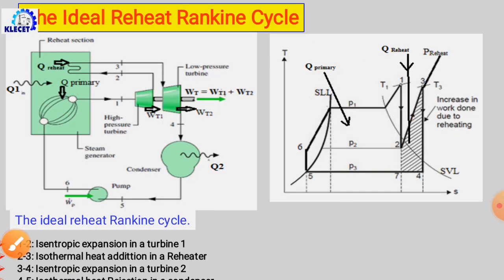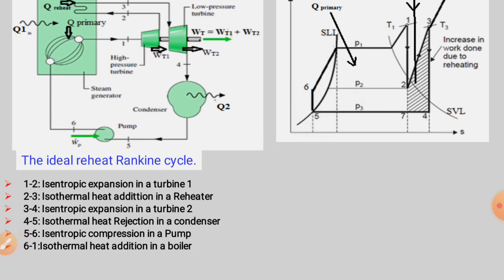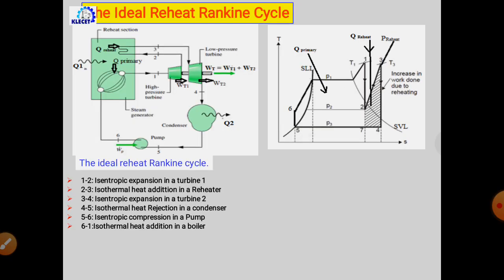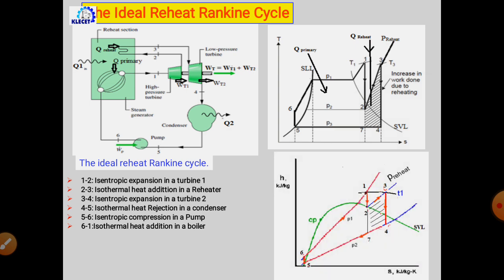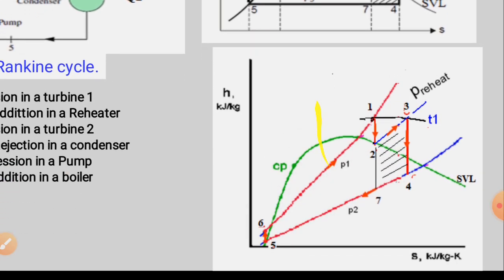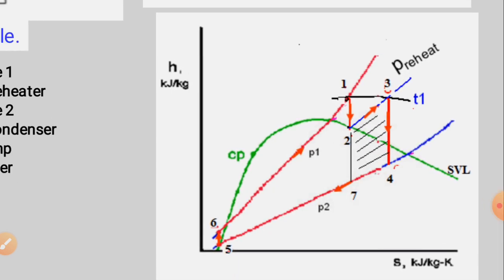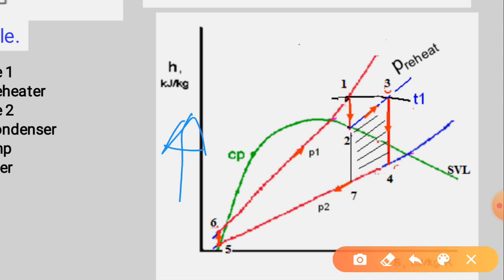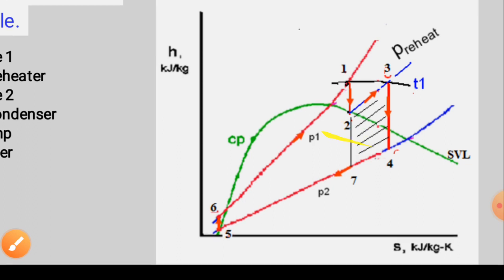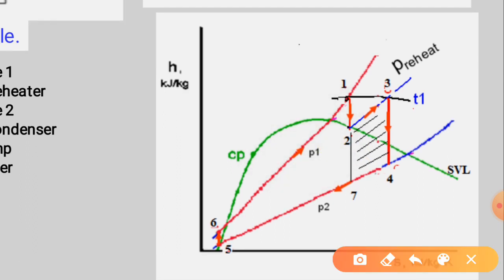After that, let us understand the HS diagram, that is, the enthalpy entropy diagram for the reheat cycle. Wherein we are plotting enthalpy on the y-axis and entropy on the x-axis.